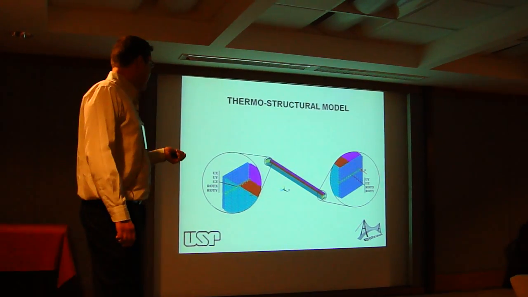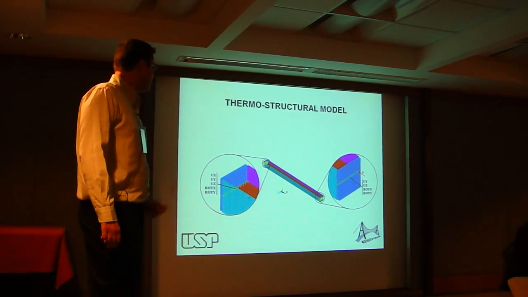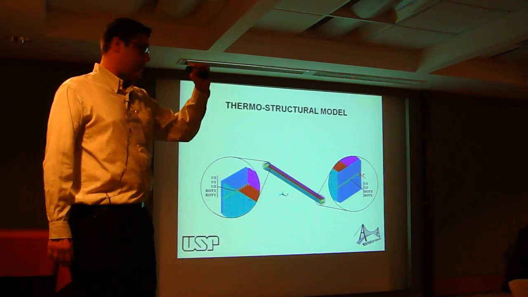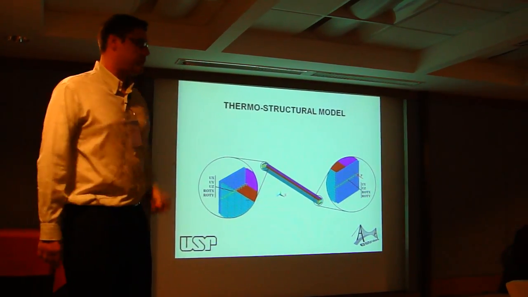The axial load is applied on only one node because this line of nodes is coupled and it has the same axial displacement.